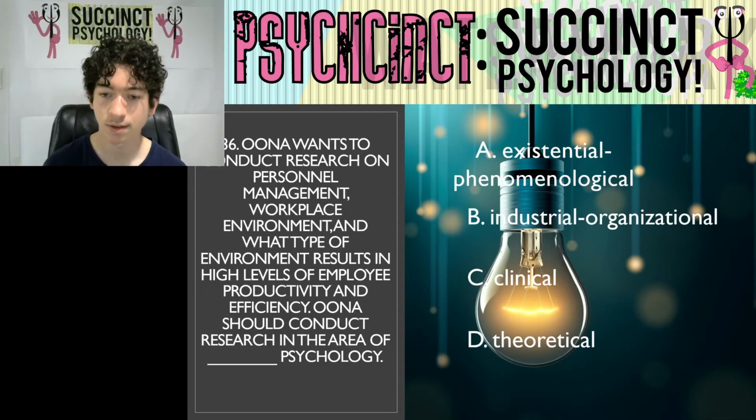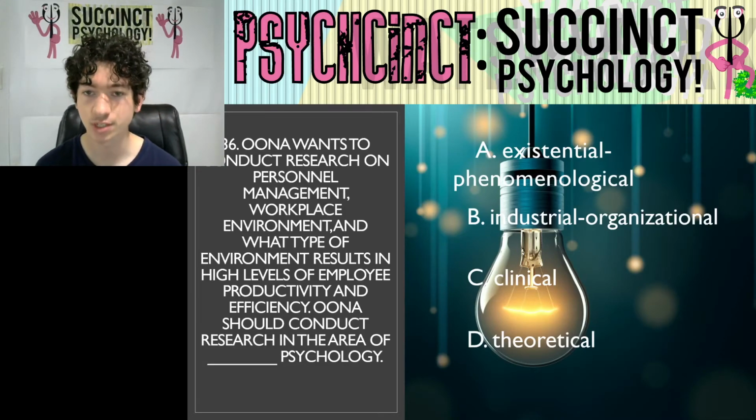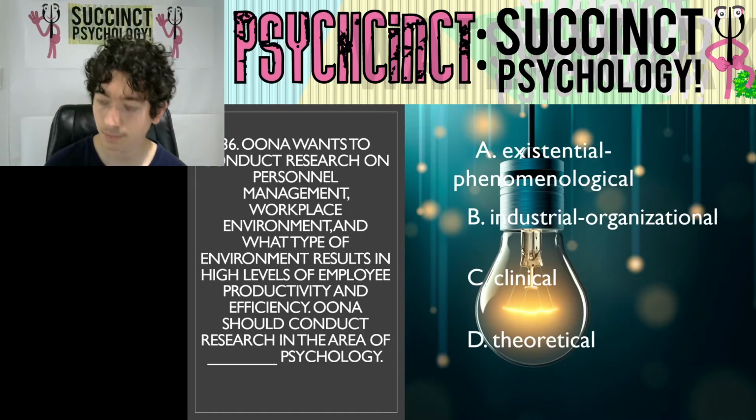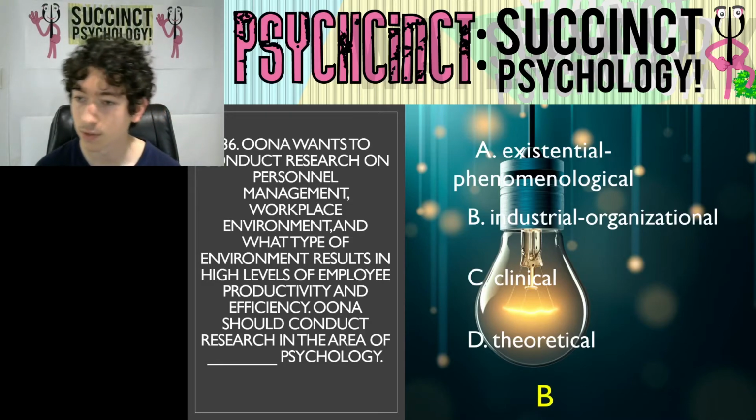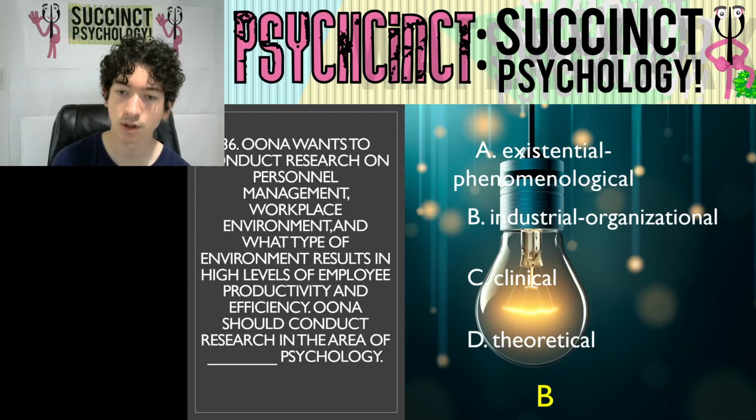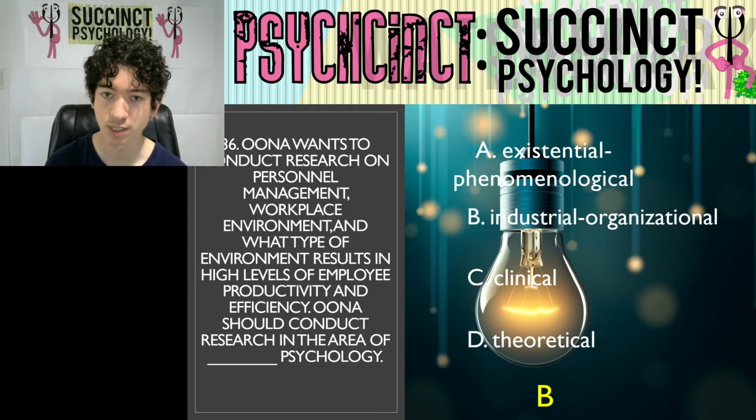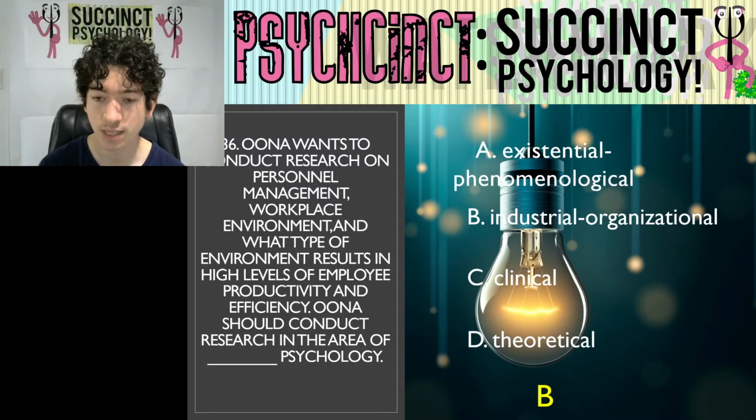Think about it. Employee productivity and efficiency. Chose B, you are correct. It is industrial organizational. This type of psychology focuses on exactly what the question states, improving the work environment, seeking the potential within employees, and making it more efficient and productive.